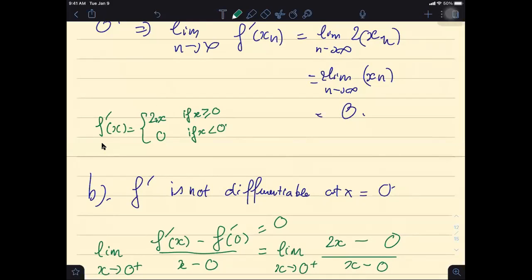You have (x squared minus a squared) over (x minus a), which means x plus a. Then the limit of x plus a when x goes to a is equal to a. Then f prime of x is going to be 2x if x is greater than or equal to 0. Because it's constant, this one should be easy as well, when x is less than 0.